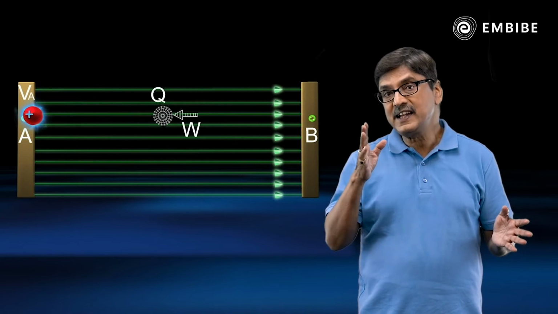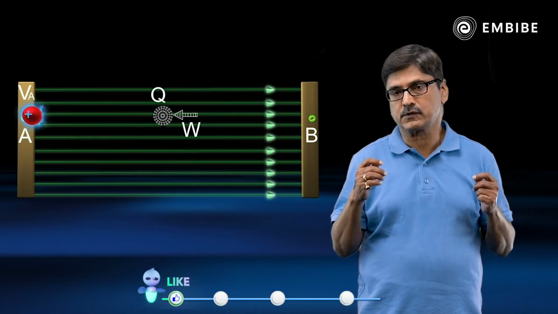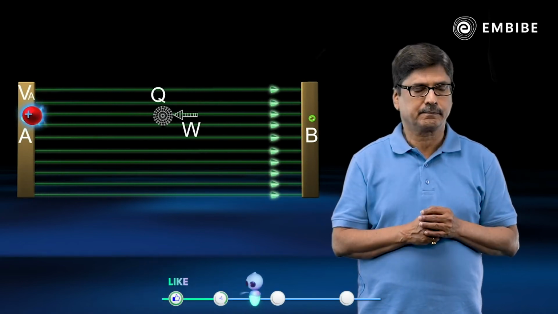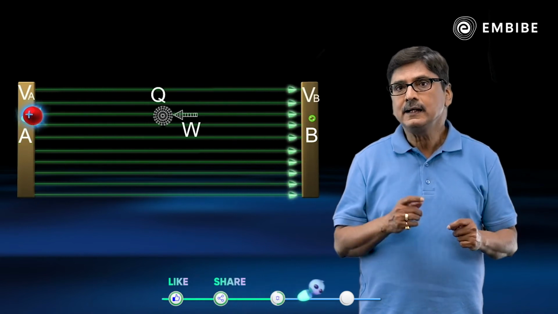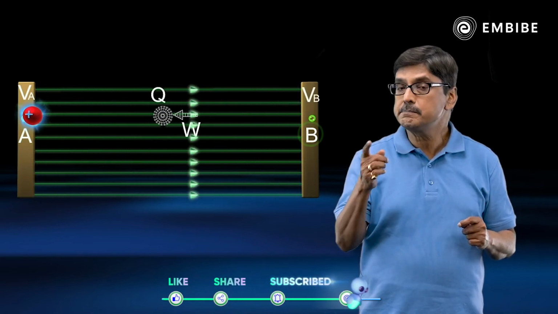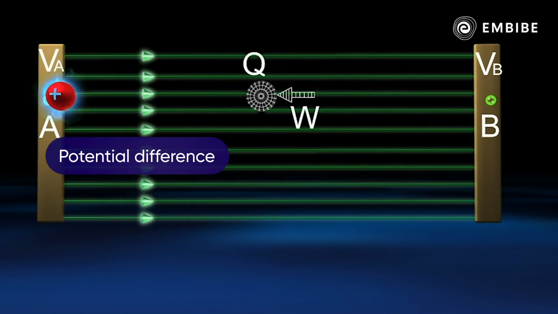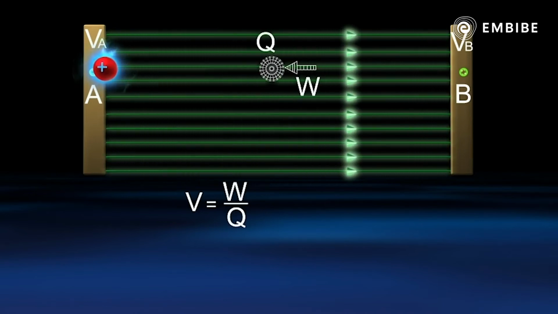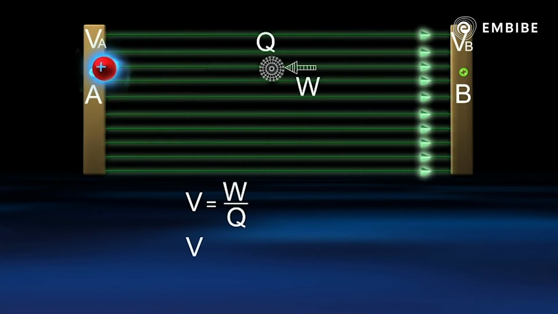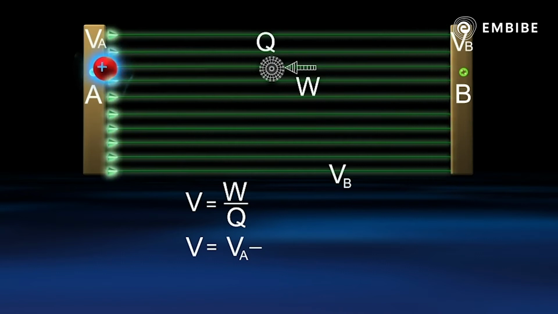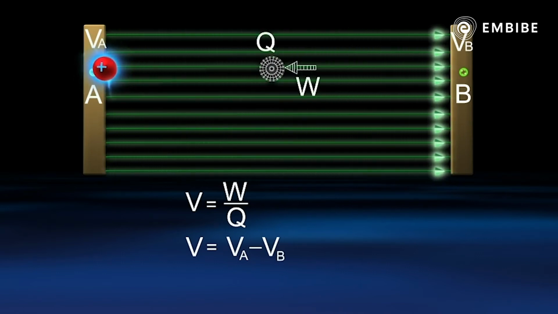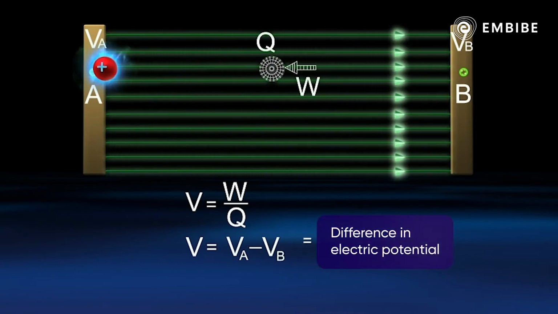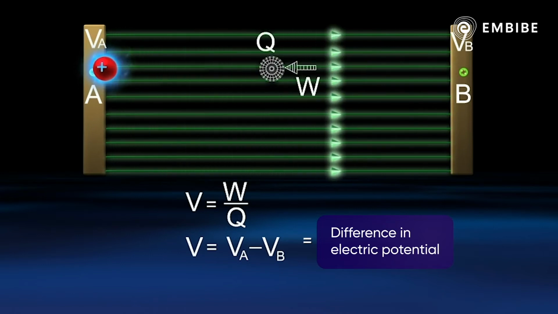Let VA be the electric potential of charge at point A and VB the electric potential at point B. Then the potential difference between these 2 points can be given by V = W/Q. Or it can also be given by V = VA - VB. That is the difference in electric potential between both the points.